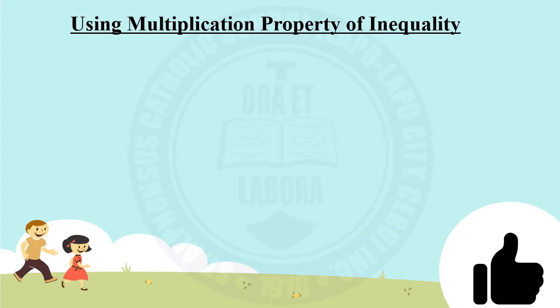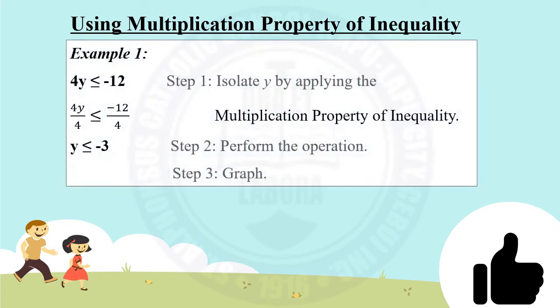Using the multiplication property of inequality, example 1: 4y less than or equal to -12. We need to isolate y by applying the multiplication property of inequality.